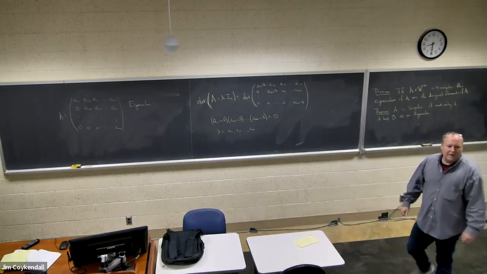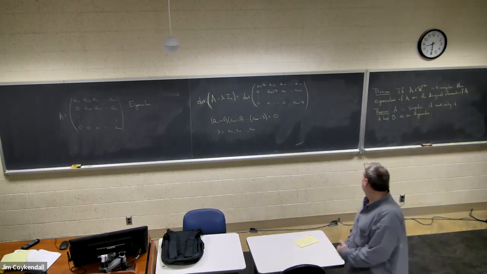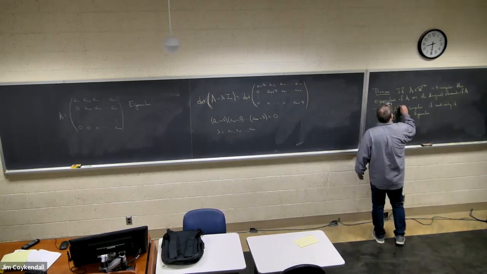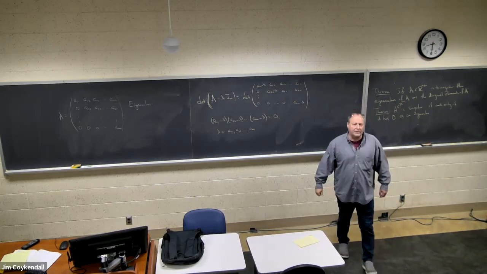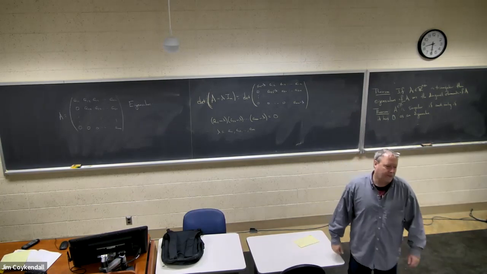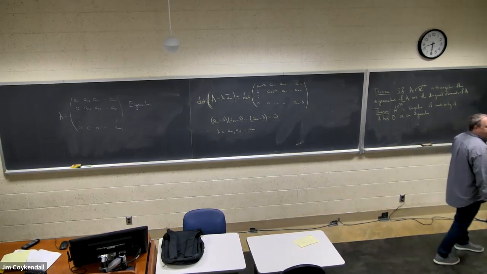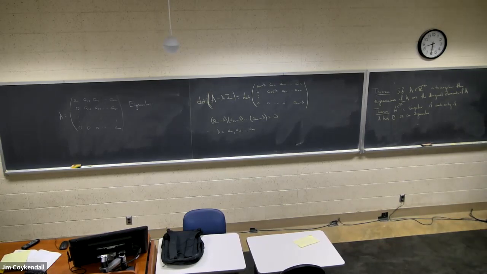The reason for this is, again let me emphasize, this is a square matrix. A square matrix is singular if and only if its determinant is zero. And its determinant is zero if and only if A minus lambda I has a non-trivial null space, which means zero is an eigenvalue, and conversely.